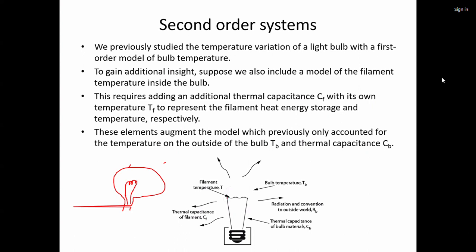So you are talking about the filament temperature at some TF, okay? And the thermal capacitance of the filament is CF, because there is some thermal energy storage in the filament. And then this filament is encapsulated by this glass bulb. The bulb has a temperature of TB and thermal capacitance of CV.